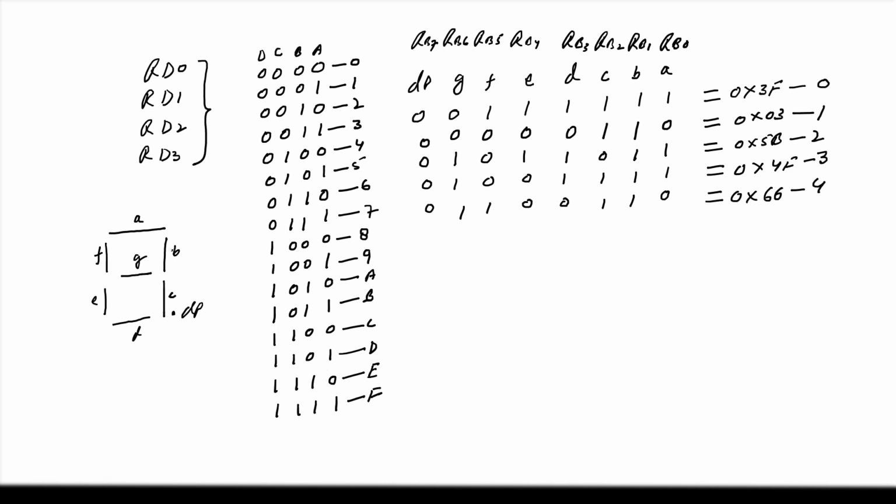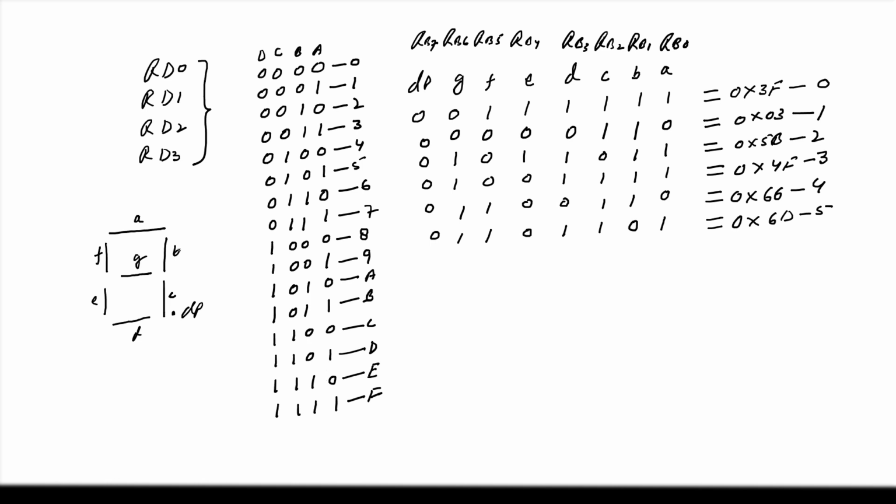To display the number 5, segment B, E and dot point will be off. So we can write B will be off, E will be off and dot point will be off and all other segments, that is A, F, G, C, D will be on. Segment A will be on, segment C will be on, segment D will be on, segment F will be on and segment G will be on, and the equivalent hex number will be 6D, that is 0x6D, and it will display the number 5.